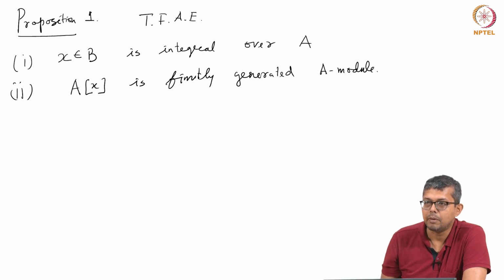What this says is that if x is integral, then A[x] is a finitely generated A module.